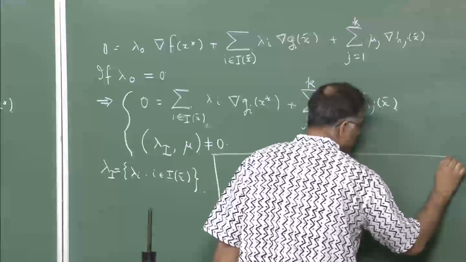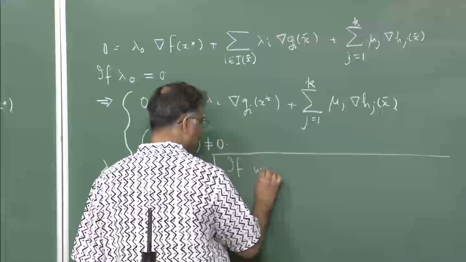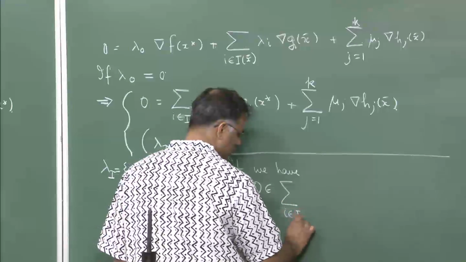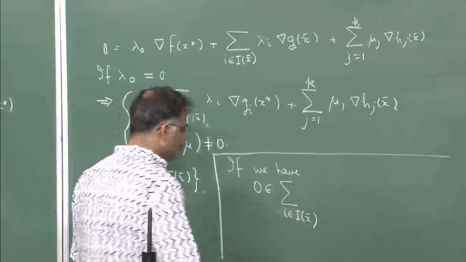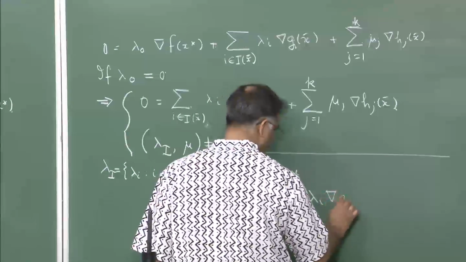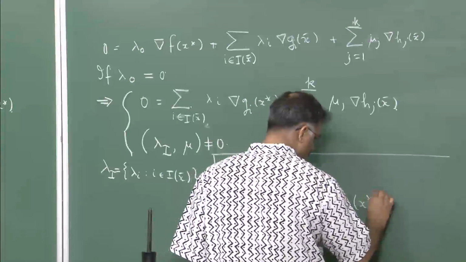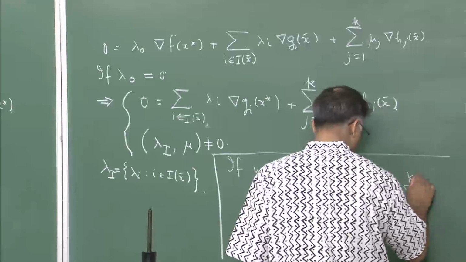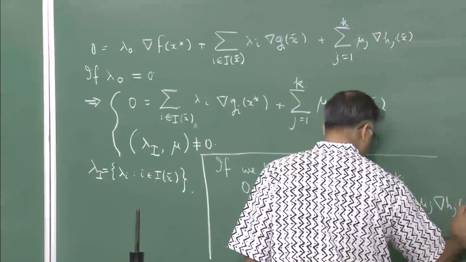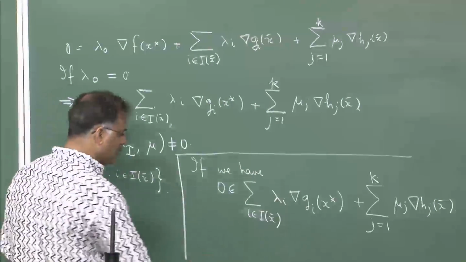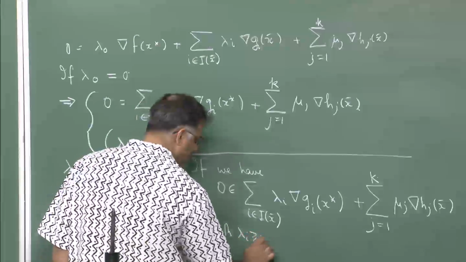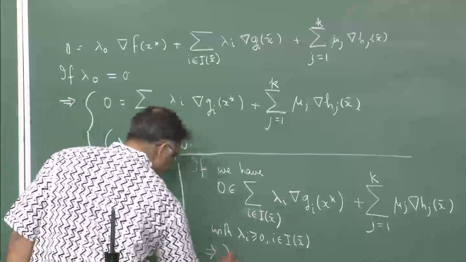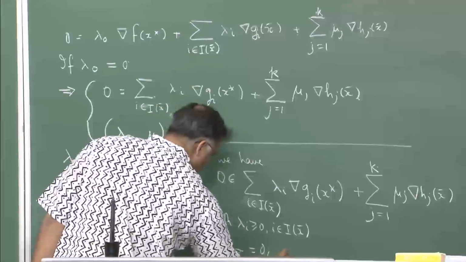It means that if we have 0 as an element of the sum over i in I x bar of the gradients weighted by lambda i, with lambda i greater than or equal to 0, then it implies that this lambda i vector is 0 and then the mu vector is 0.